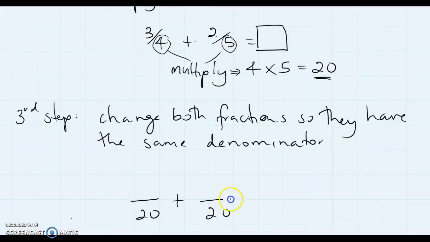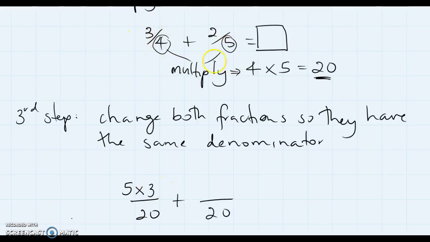Okay, now this is the tricky part. How many times can 4 go into 20? 4 can go into 20 5 times. Then we have 5 times, and we keep the original 3.